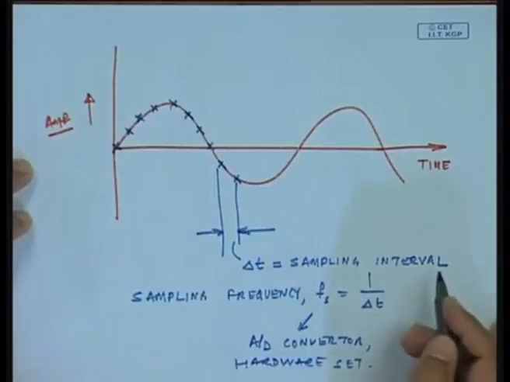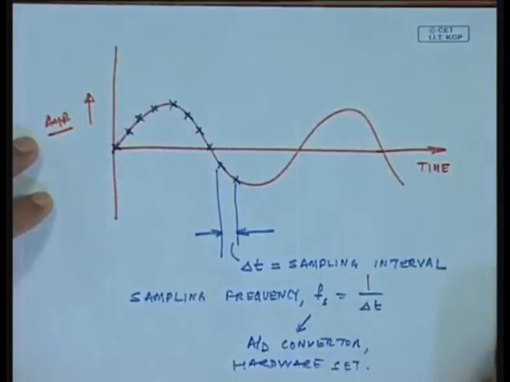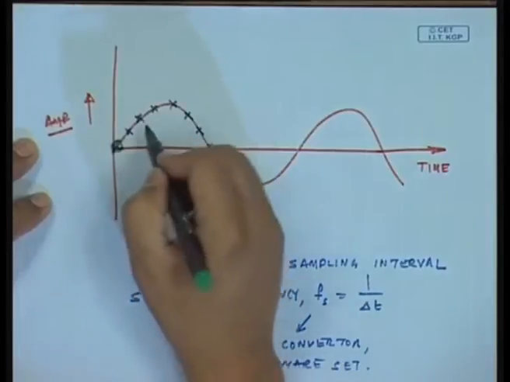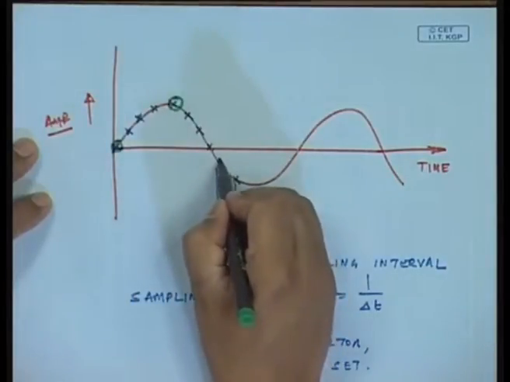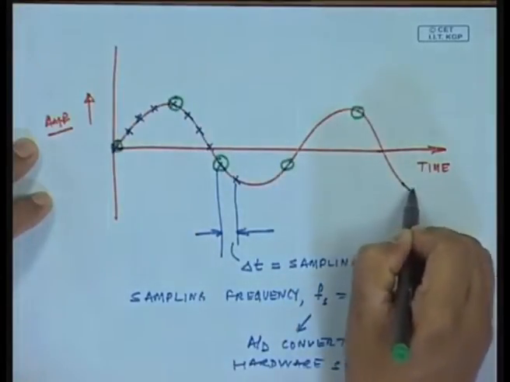When I go to the market to buy an A to D converter, it will come with a maximum sampling frequency. Now, it so happens that my sampling frequency of the A to D converter is such that I want to sample here, shown by the green circle, another here, another here, and so on.